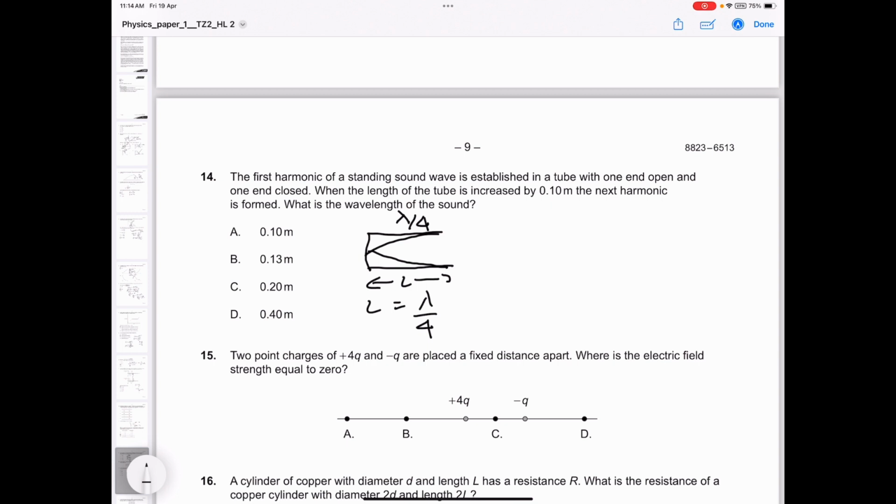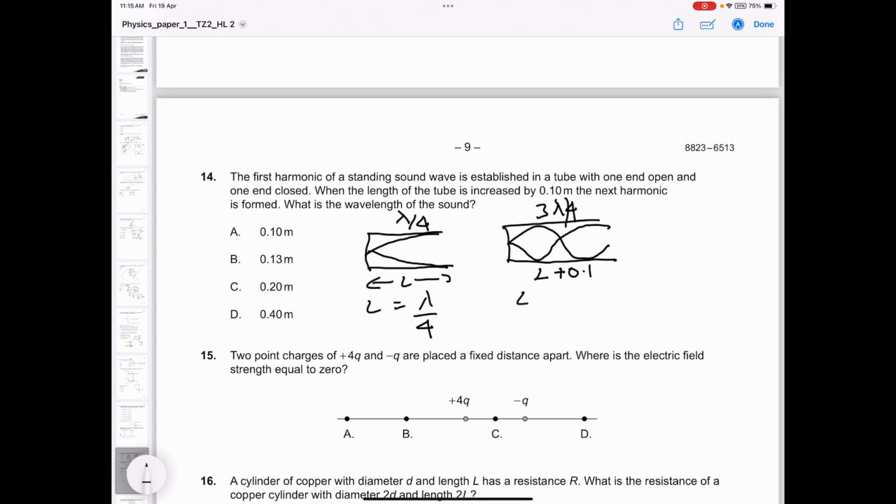So the length of the tube is increased by 0.1 of a meter. So we have to find the next harmonic formed. If this was the first harmonic, the next harmonic will look something like this. So this is of course 3 lambda over 4. And now L is increased by 0.1 of a meter.